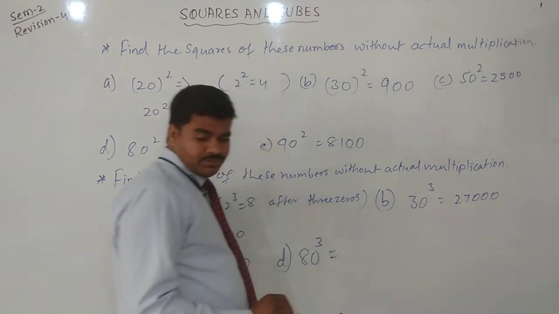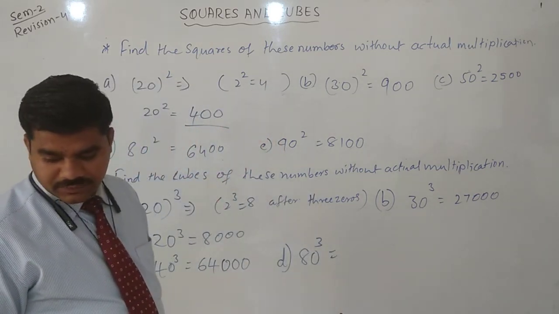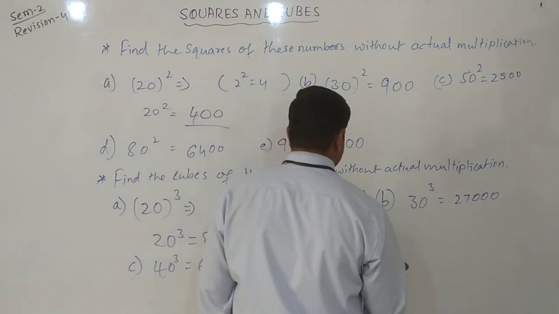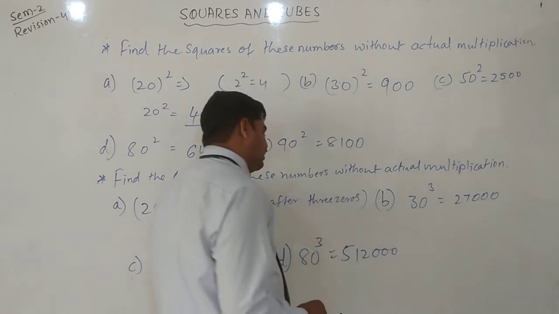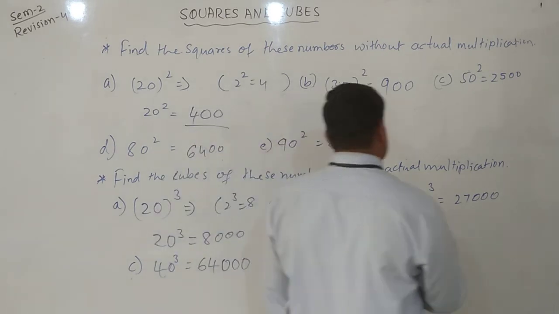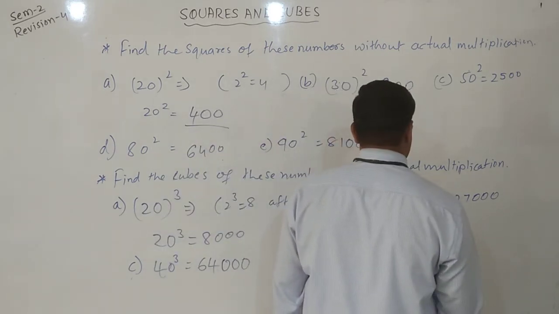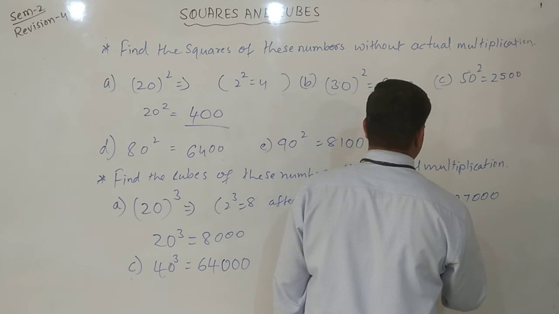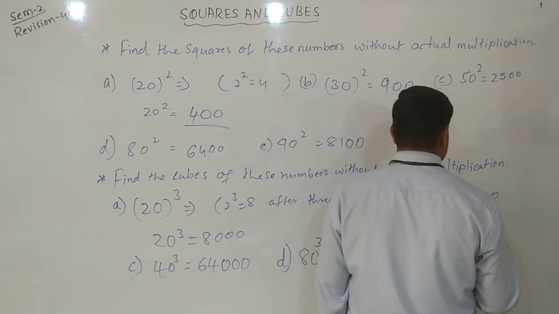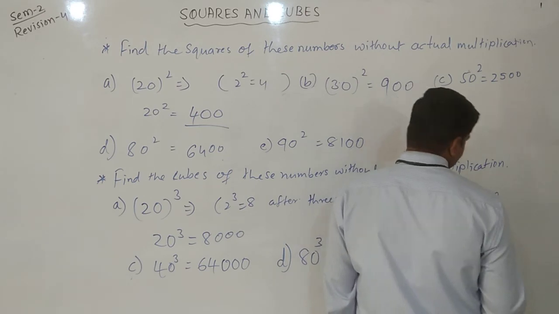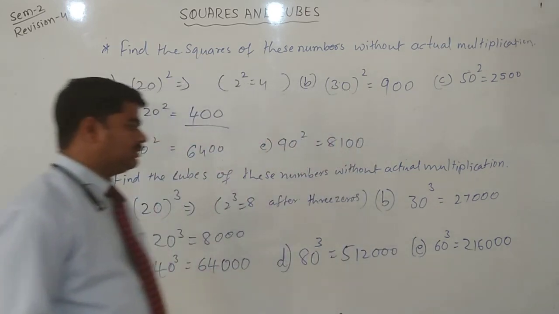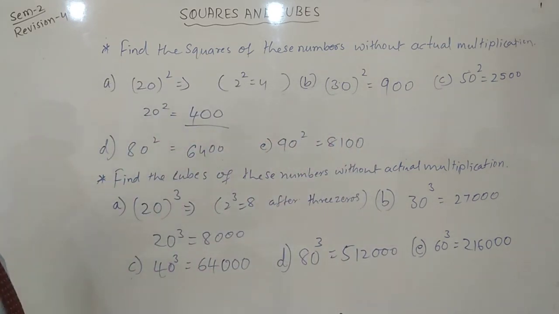What is 8 cube? Yes, there is 512 and 3 zeros. 512,000. Simple, no? Yes. 60 cube. 6 cube is 216 and 3 zeros. 216,000. Simple, no? Yes, write down these also.